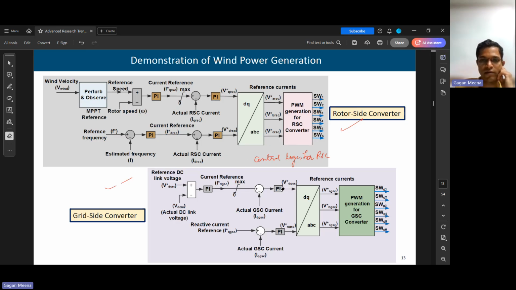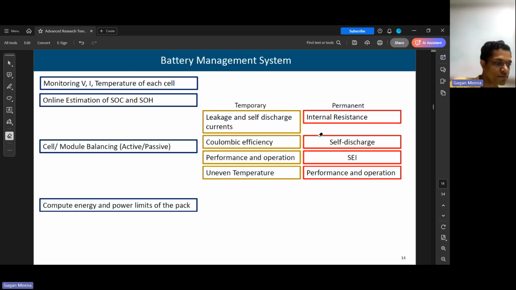Then it goes through the PI controller and we get the D-axis and Q-axis voltage reference, which is converted into ABC axes, and then it is given as the input to the PWM generator for the grid side converter.